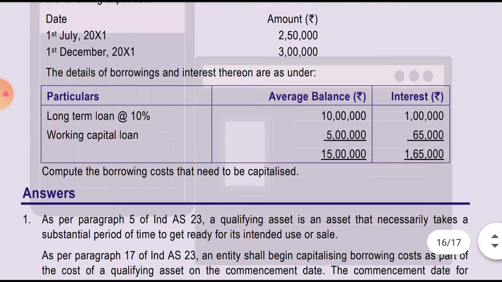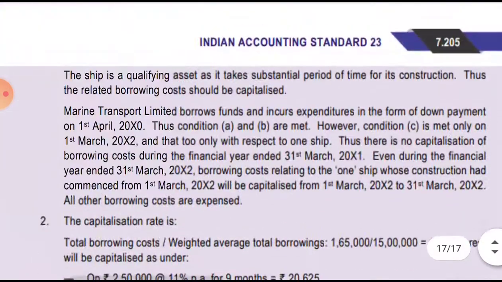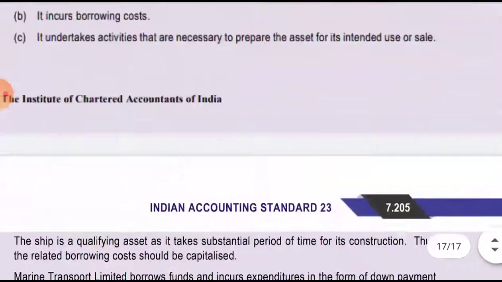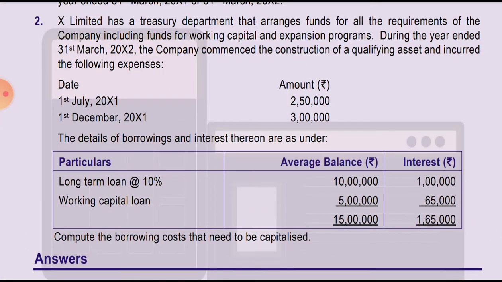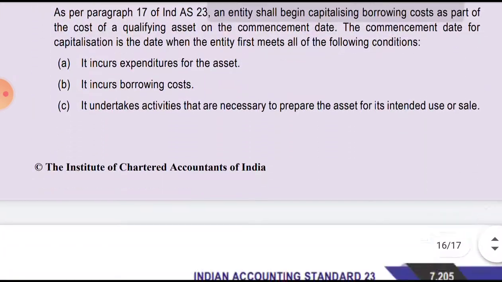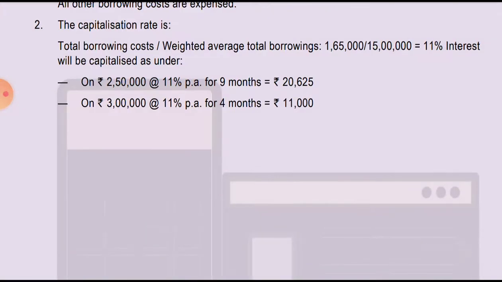They have also calculated and given 15 lakh, so we'll get the capitalization rate as 11%, and then simply multiply it with 2,50,000 and 3 lakh rupees. 2,50,000 for 9 months, that is from July to 31st March 12, 9 months, and 3 lakh rupees into 11% from December, it will be 4 months, so multiplied for 4 months. So first is 9 months, second is 4 months, and you will get the interest, and that will be capitalized.